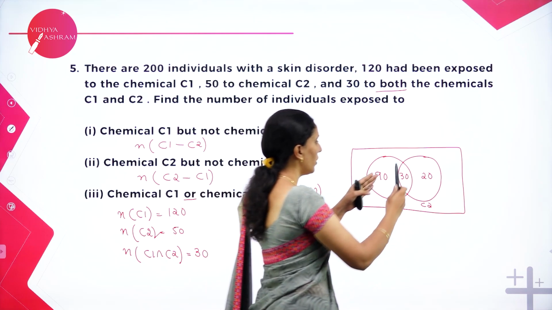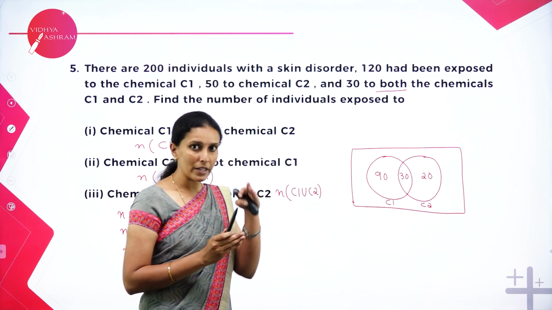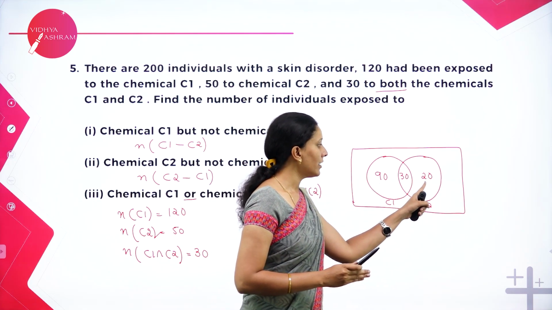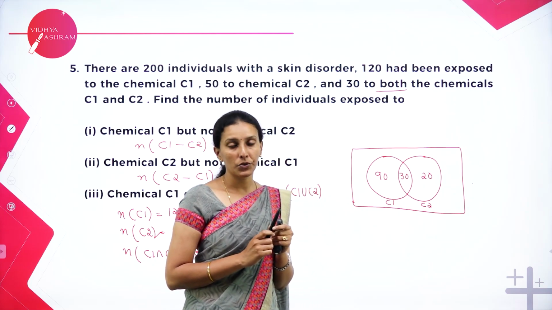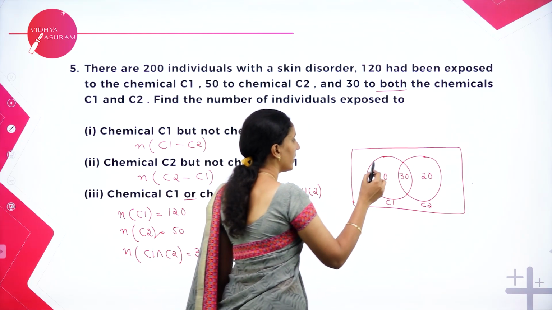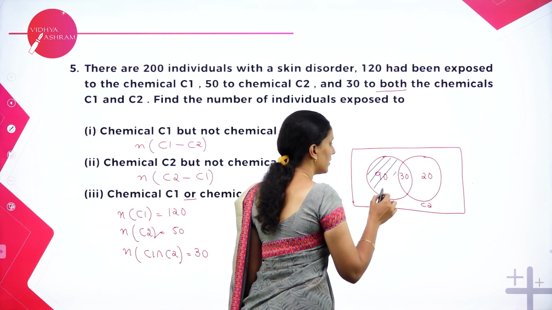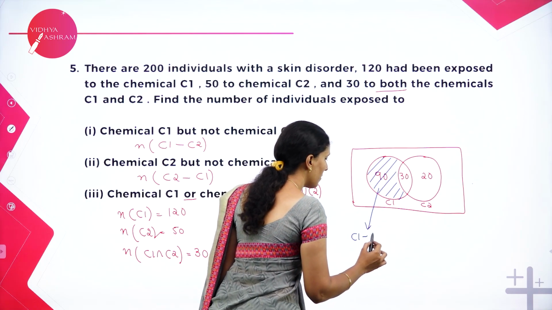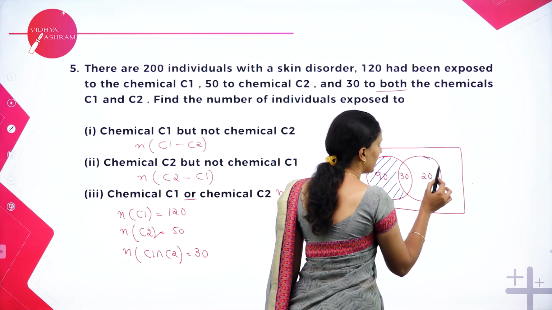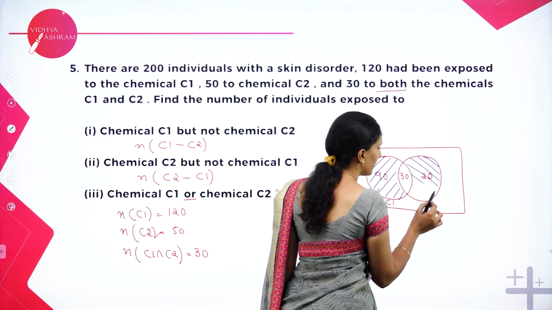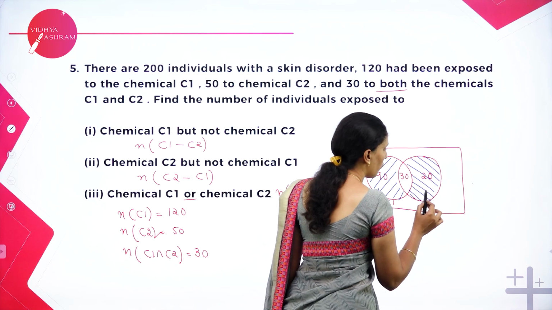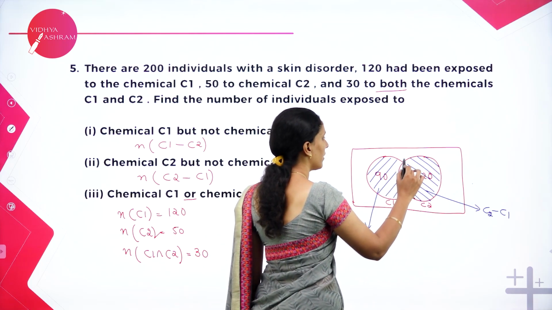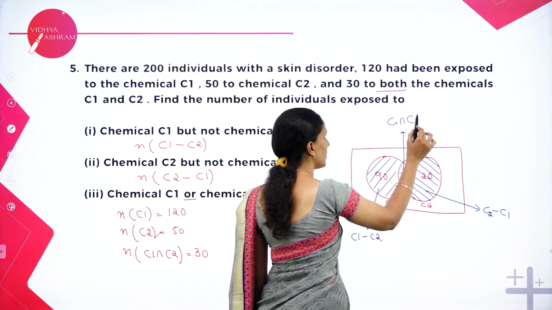I already told you, when you subtract the intersection part from one circle, it represents only the people who are exposed to C1, and here it represents only the people who are exposed to C2. So this shaded part indicates the number of people C1 minus C2, this shaded part indicates C2 minus C1, and this is C1 intersection C2.